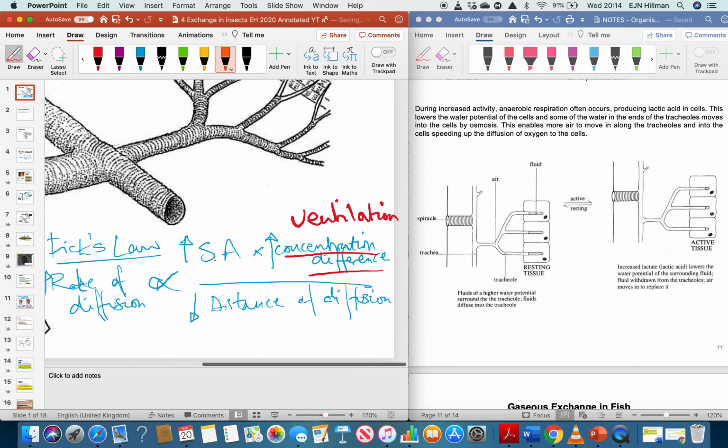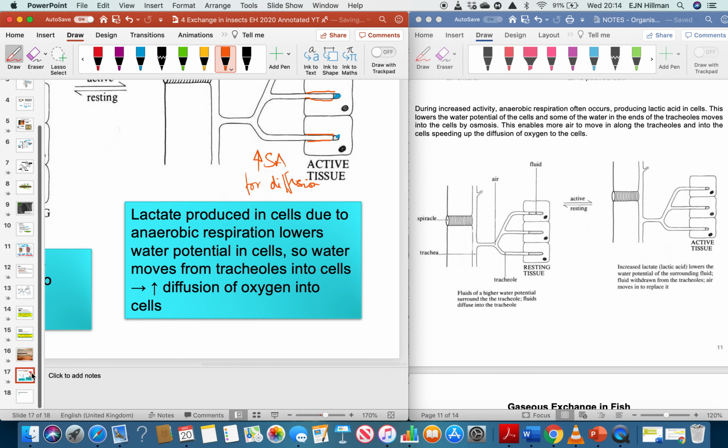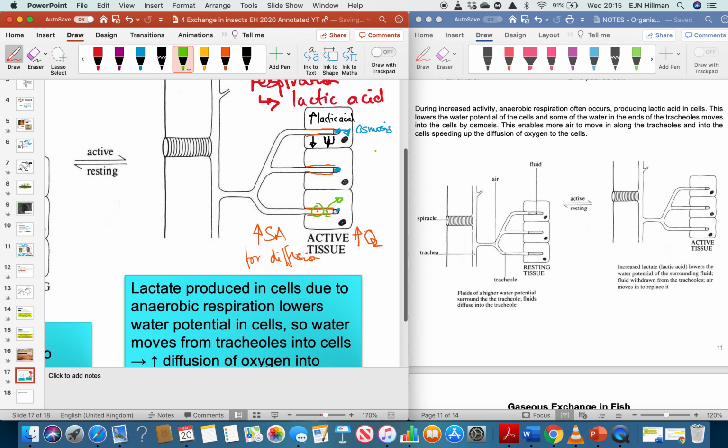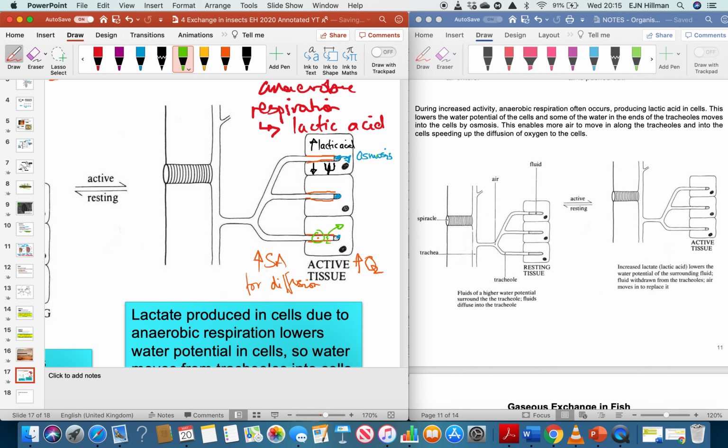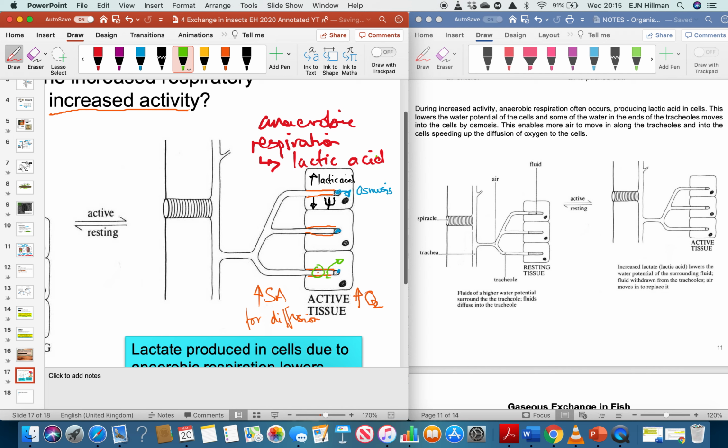If we increase the surface area, we get a greater rate of diffusion. That means more oxygen can diffuse out of those tracheoles and into the active tissue to allow for more aerobic respiration.